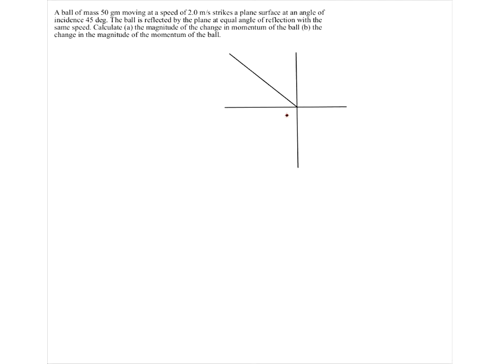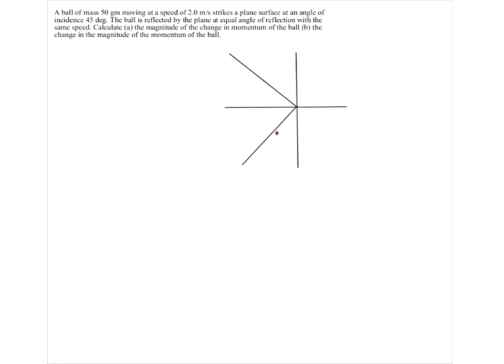In case of light, this of course is not valid, and that's why you get angle of incidence equal to angle of reflection. So this law should not be taken for granted for mechanical collisions, ball colliding with surface.